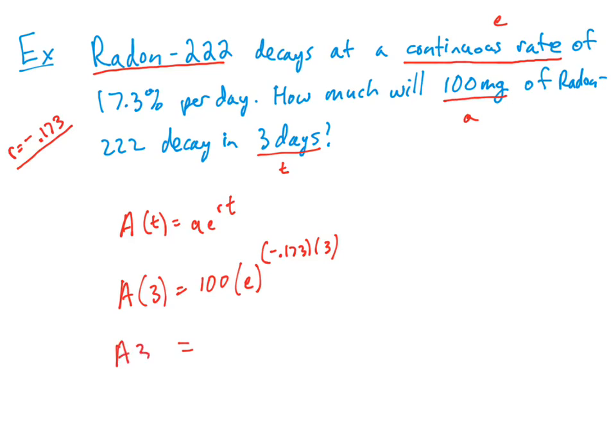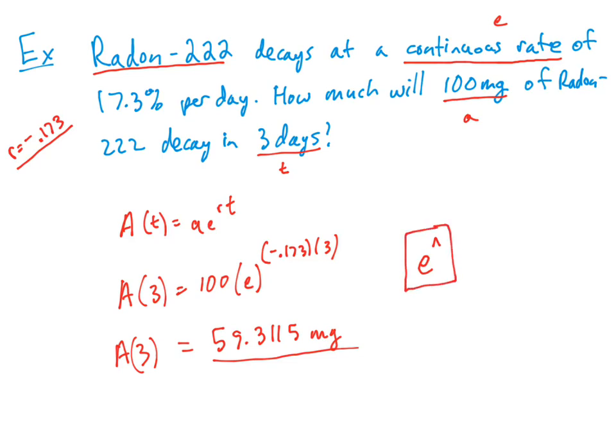And then we can just type this into the calculator, and we end up with about 59.3115 milligrams. So if we're starting with 100 and we're decaying by about 17% a day, we'd end up with about 59 milligrams. On the calculator, for the E function, the button might look something like this. You type E, and then after that, you enter whatever you want the exponent to be.